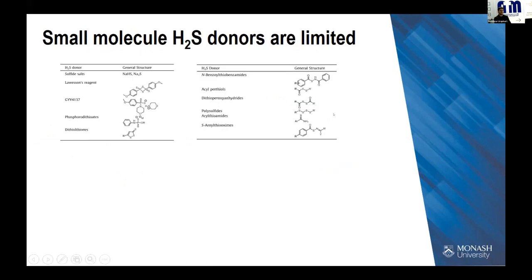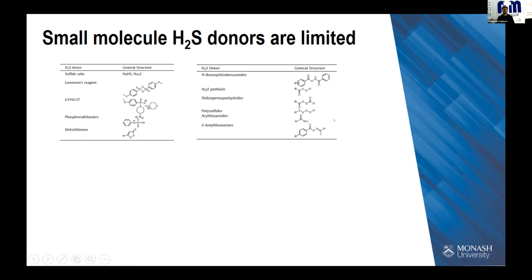This space really started off with some small molecule H2S donors, the simplest of which is sodium sulfide, which, although easy to employ, doesn't really accurately reflect the slow and continuous release of hydrogen sulfide which you see from endogenous processes. This turned to some more small molecule slow release hydrogen sulfide donors, which release hydrogen sulfide on a more physiologically relevant time frame.